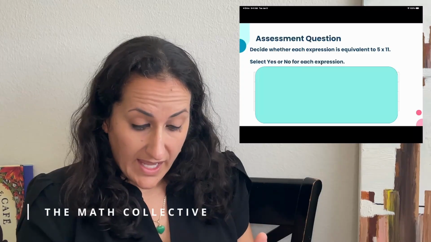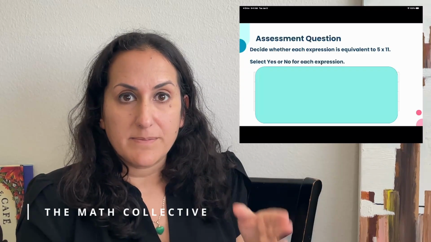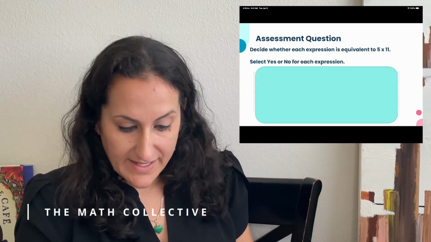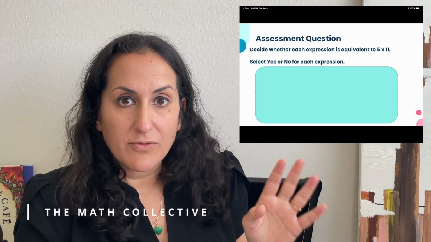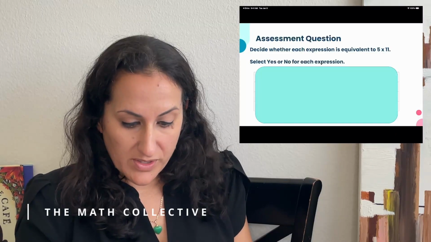So in this case, we have the word expression, which basically is that 5 times 11 without the equals or the answer. If we had 5 times 11 equals 55, that we would call either an equation or a number sentence.